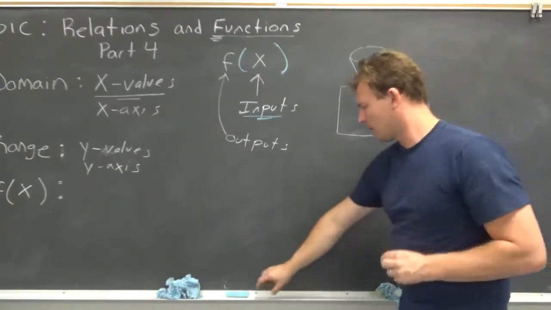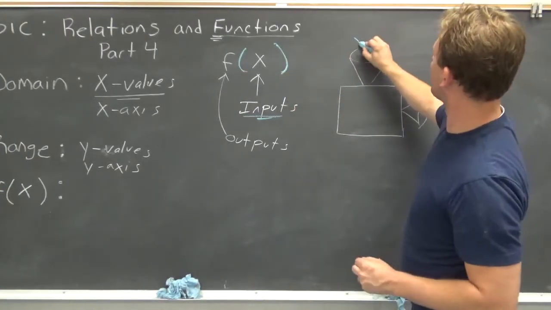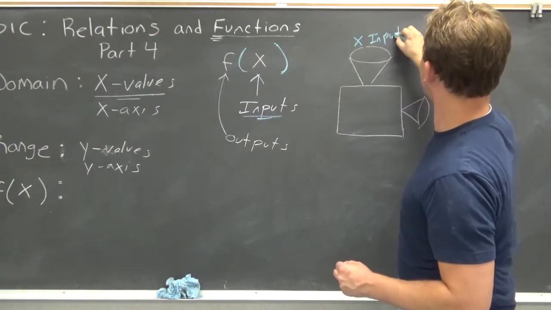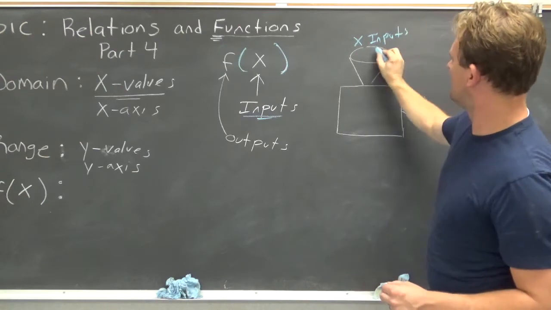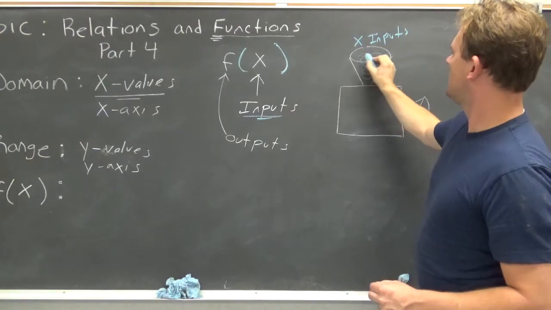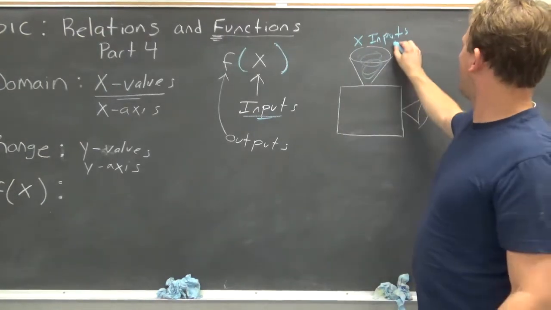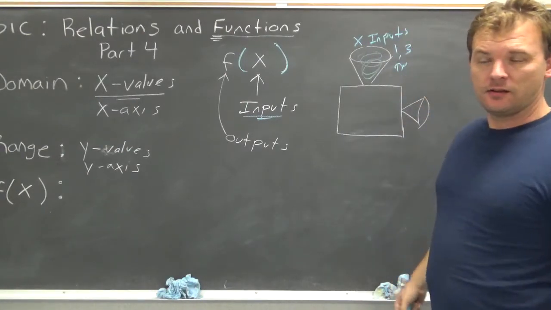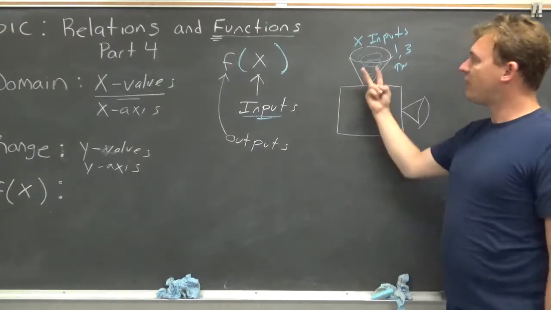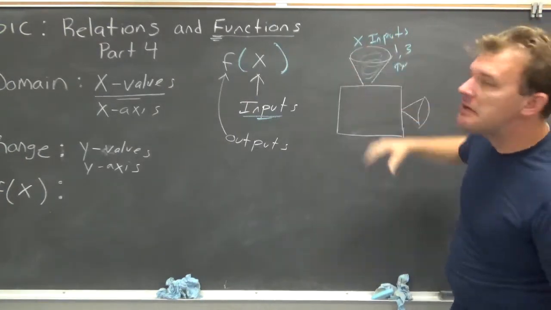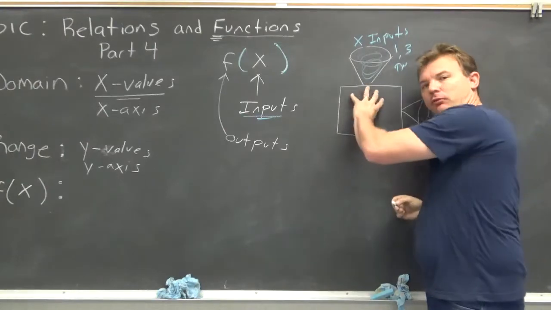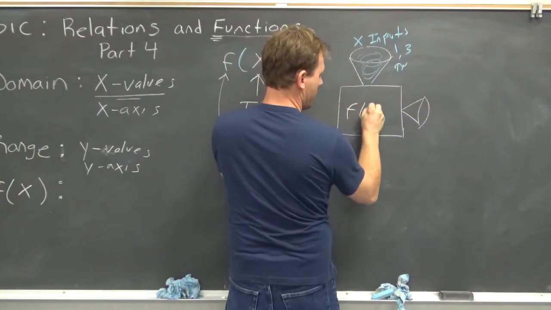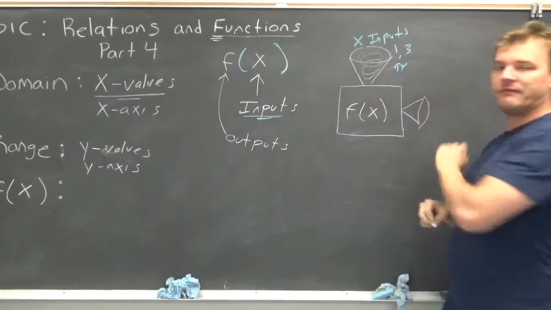But really, what we're doing is putting all of our inputs in here. So maybe you put in a 1, a 3, a pi into the funnel. It gets down and then something gets processed in here. And this is where the f of x comes.